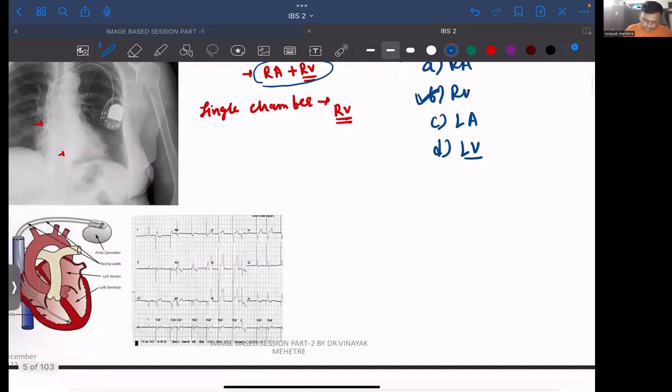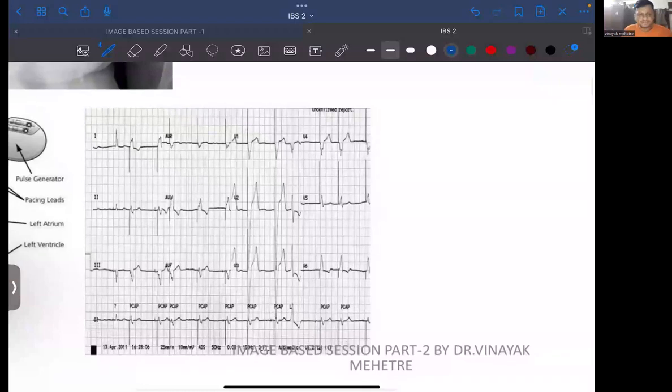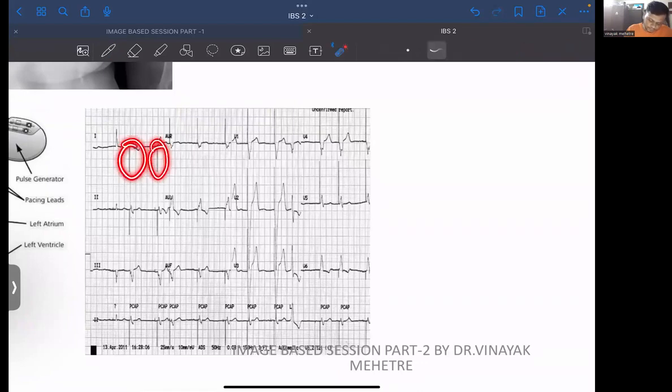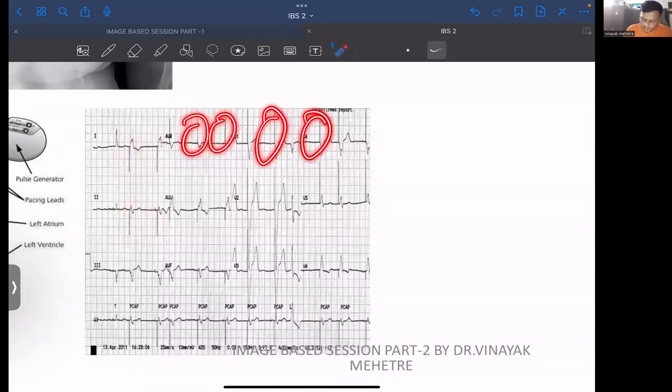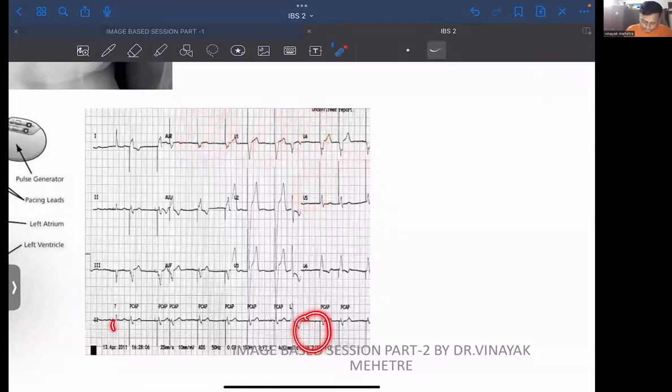Now, if an ECG comes, how will we identify that it is a pacemaker ECG? Take a look over here. These lines before the complexes, a straight line before the complexes, that means it is an ECG with a pacemaker.